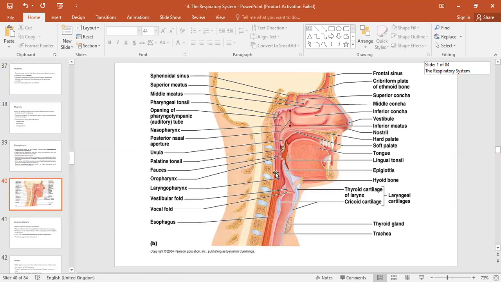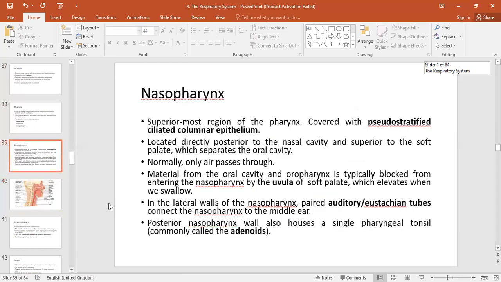Food will pass through the mouth into the oropharynx, into the laryngopharynx, and into the esophagus at the back. Air will pass through the nasopharynx, oropharynx, laryngopharynx, and into the larynx, all the way to the trachea. So we say this is funnel shaped. It is wide up here and narrow at the base, more like an upside down triangle. Wide above, then keeps on narrowing as we go towards the larynx.